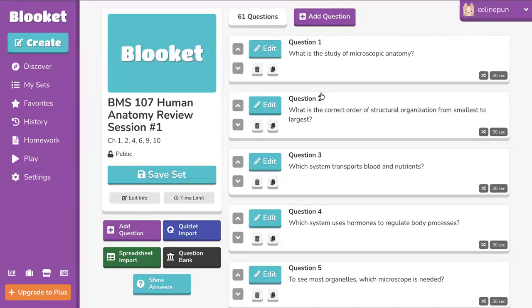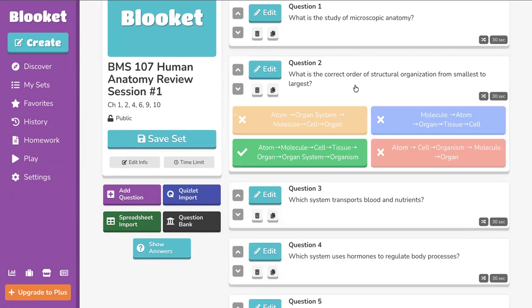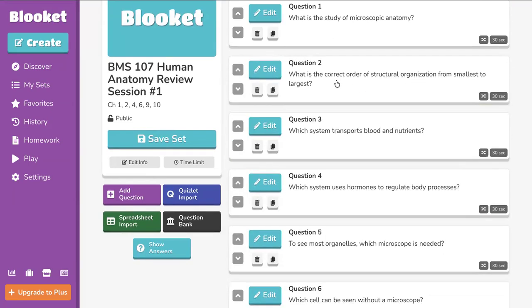The study of microscopic anatomy. We already did. Okay, the correct order of structural organization from smallest to largest. Oh, I shouldn't click on it. If you guys know it, you could type it in the chat.